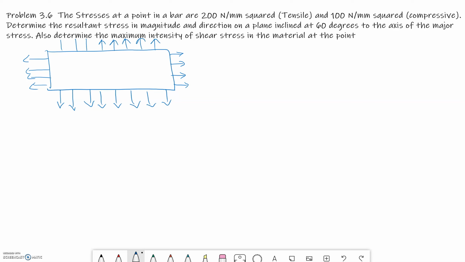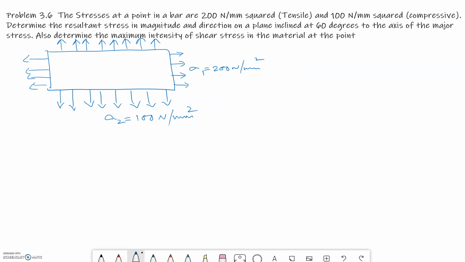Let us consider this as sigma 1. He's saying that this is 200 Newton per mm squared, and this is sigma 2, which is 100 Newton per mm squared.